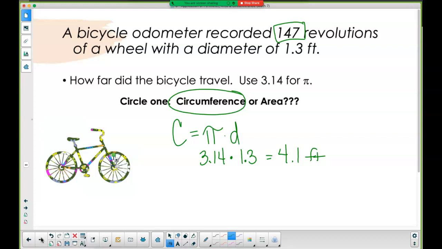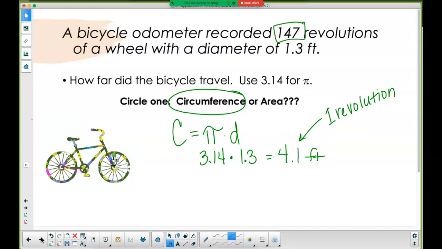Times it by 147. This 4.1 is how far my bike traveled when the wheel turned 1 time.